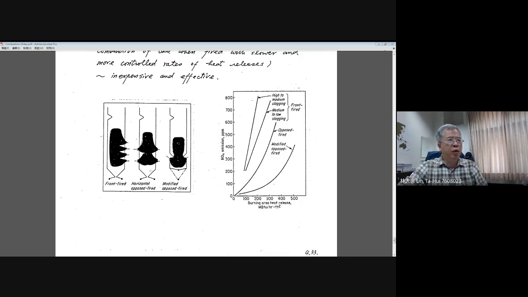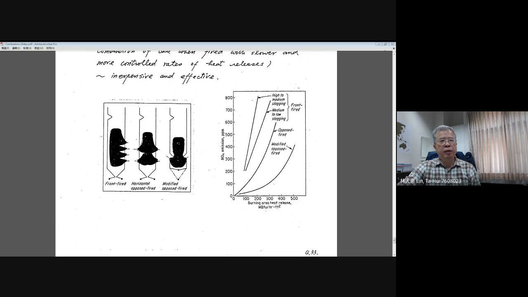By this kind of arrangement, we look at the NO emissions to show you how the NO formation varies here. For the front fire, the first case, the NO formation varies with the burning rate. It is quite high.